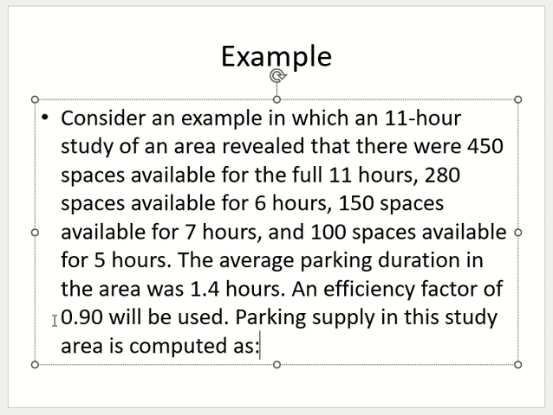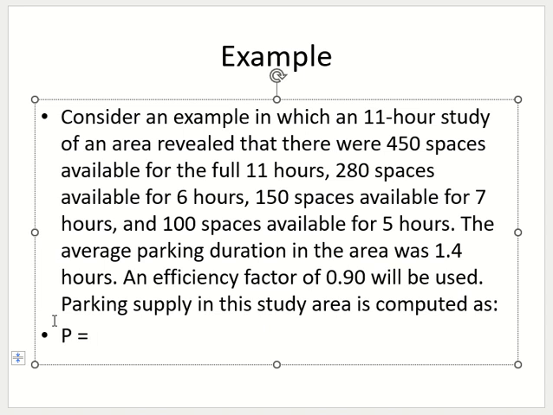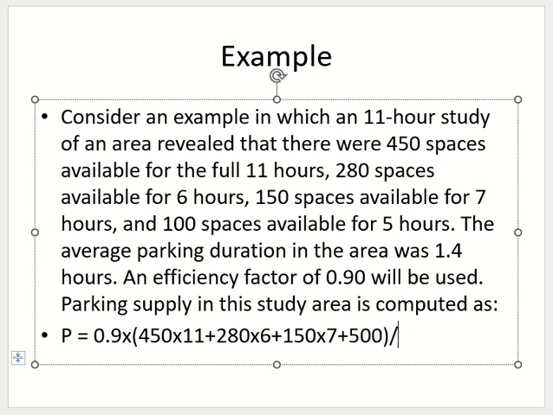So how many vehicles can use this area? P equals, so I will take the efficiency factor and multiply it with the number of spaces and their duration. So 450 for 11 hours, 280 for 6 hours, 150 for 7 hours, plus 100 for 5 hours means 500, divided by the duration.